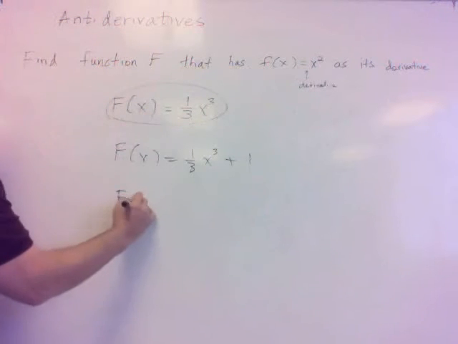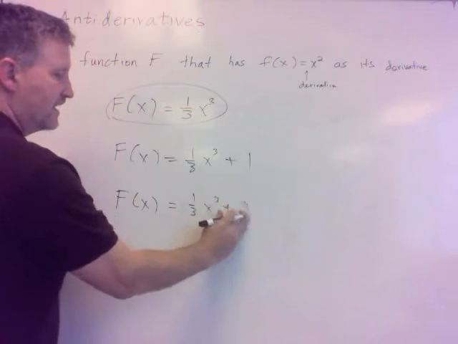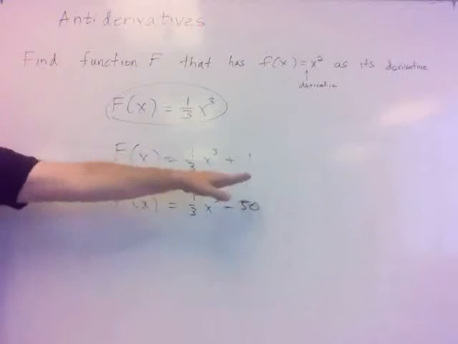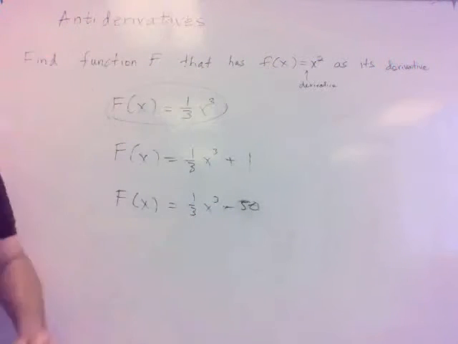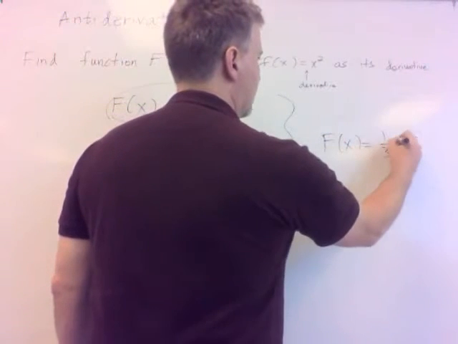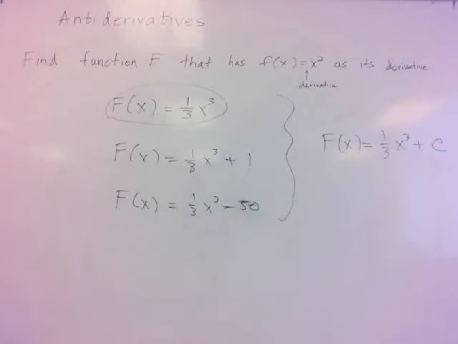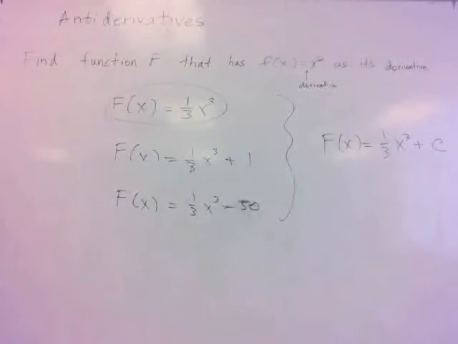What else would give me a derivative of x squared? x squared plus 2, x squared plus 50, x squared minus 50. Any number I put out here, plus or minus, is going to give me that derivative. So for this reason, we're going to generalize it and say big F of x is 1/3 x cubed plus some constant, and maybe we can figure out with other information what it is. But we're going to say plus C on the end is our general answer to this question.